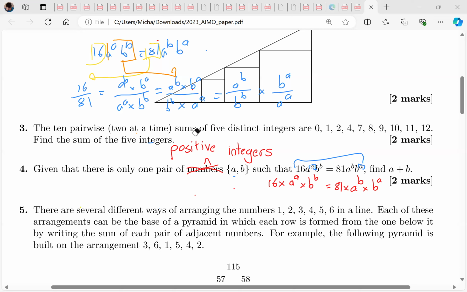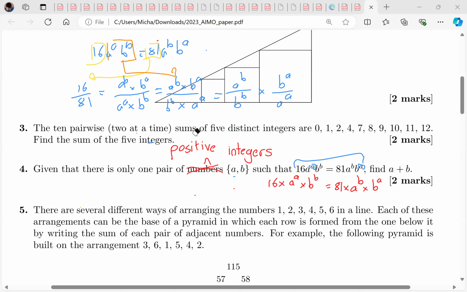But you said b was bigger than a, right? Yeah. So if there's a to the a and b to the a, you can cancel the a's and the b's, right? Usually you can't, because if b is bigger than a, then there'll be more b's. No, I'm talking about the a's.